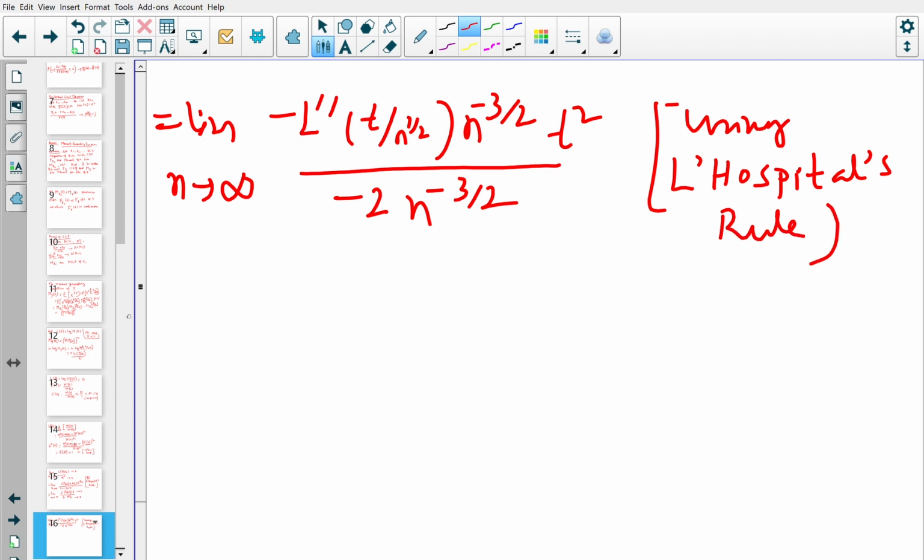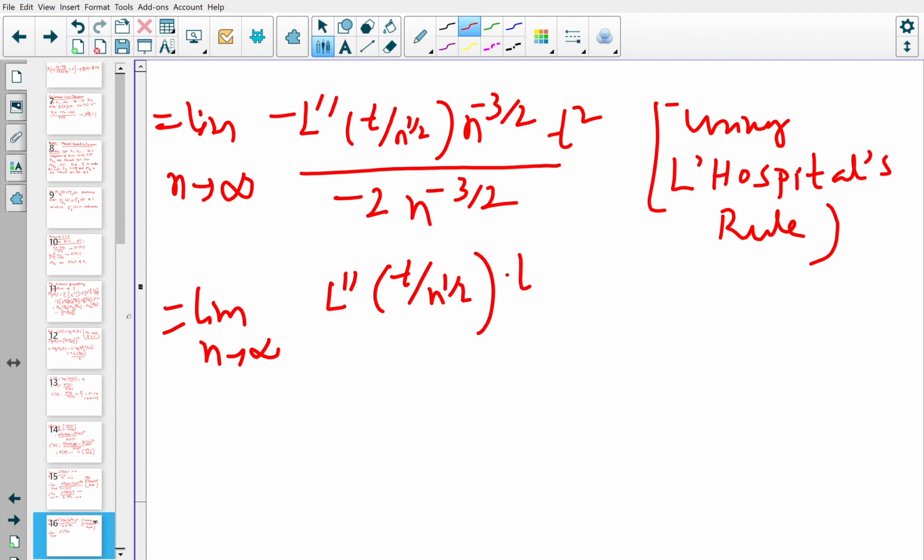Now if I simplify this, it becomes the limit as n tends to infinity of L double dash of t over n power half, times t square by 2, because the n to the power minus 3 by 2 gets cancelled.